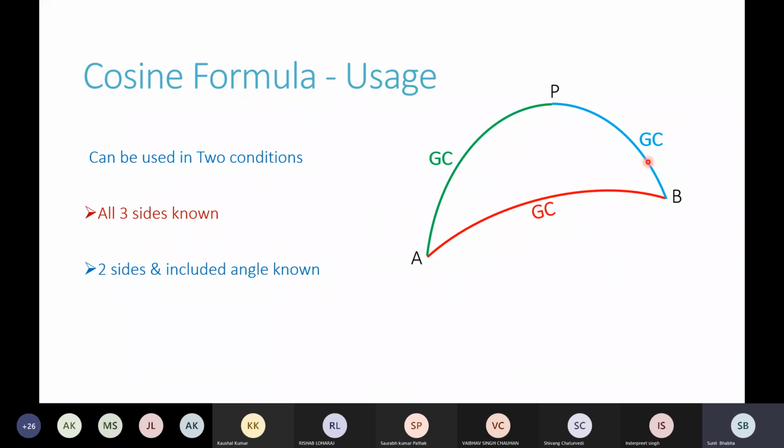So we will see what is to be done when we come to those questions. For now, we will always have one of these two scenarios. Number one, when all the three sides are known to us, and number two, when any two sides and the included angle is known to us.